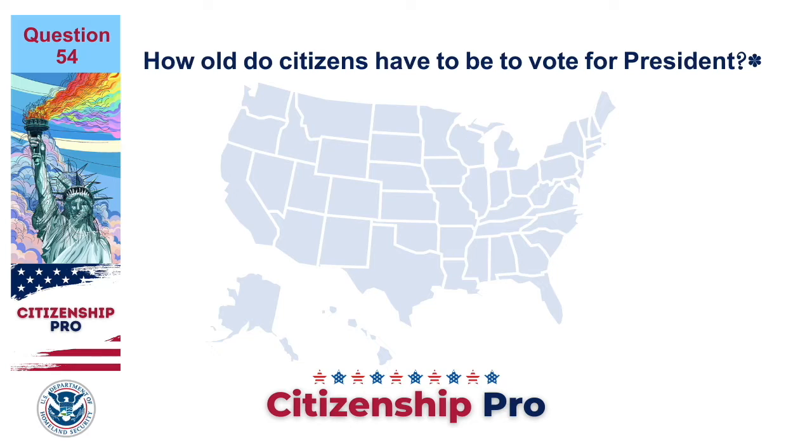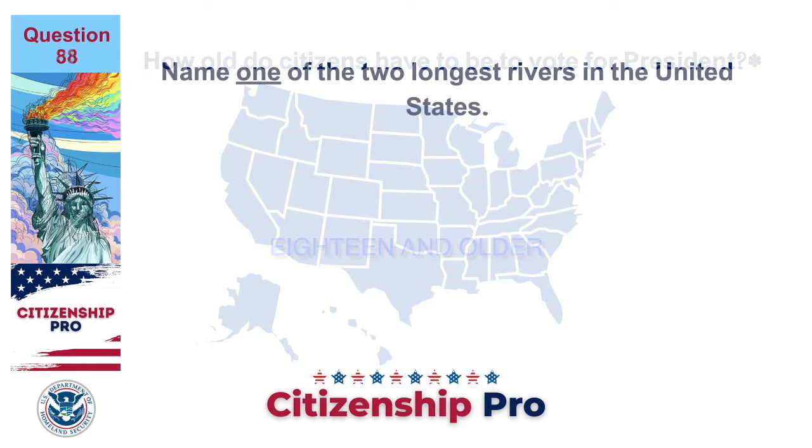How old do citizens have to be to vote for president? 18 and older. Name one of the 2 longest rivers in the United States.